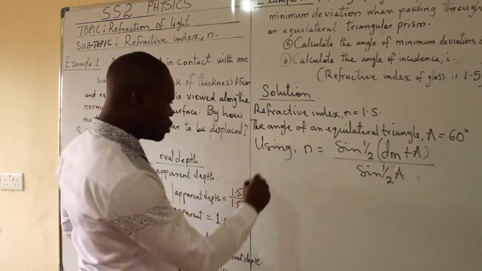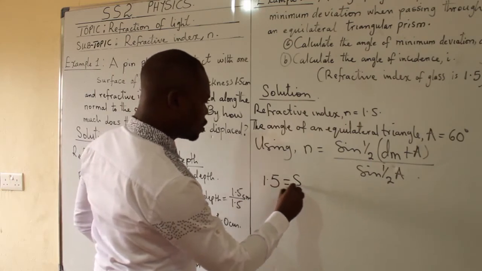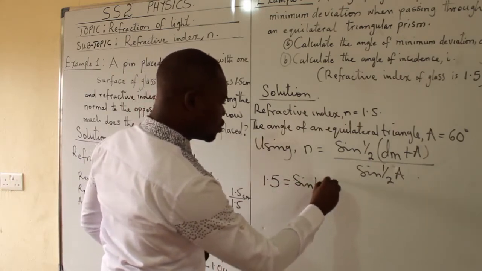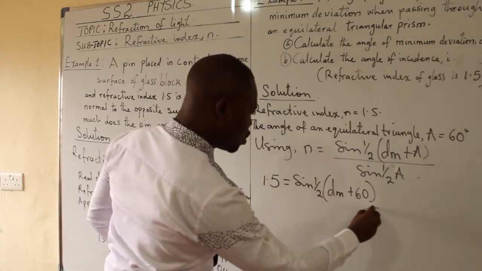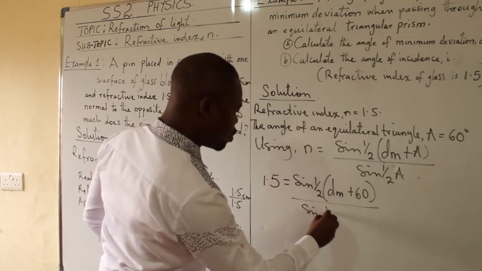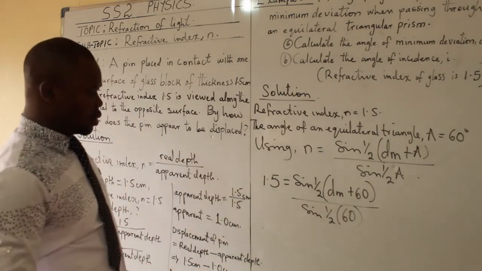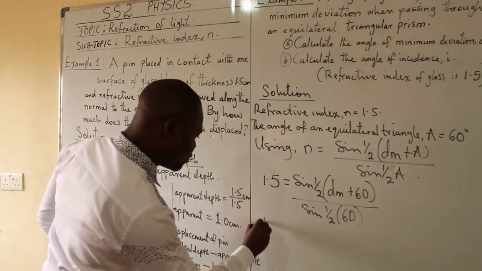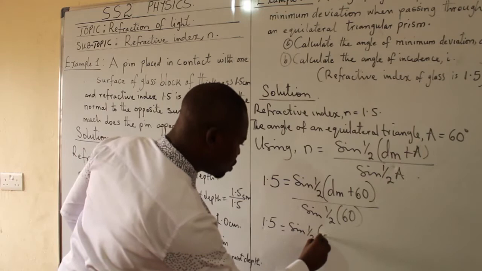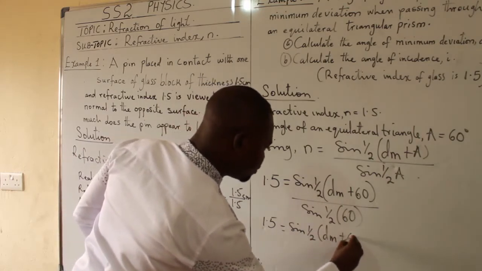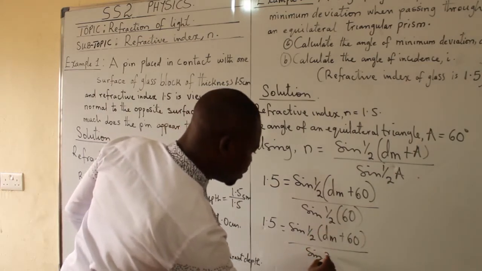Okay, so using that, we have 1.5 equals sine 1/2 bracket minimum deviation plus 60, all over sine of half of 60, which is 30 degrees.